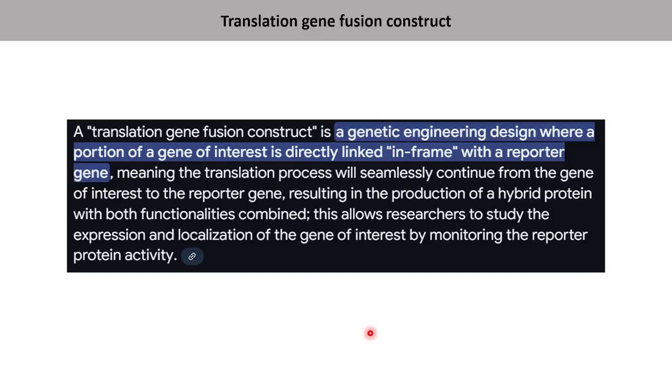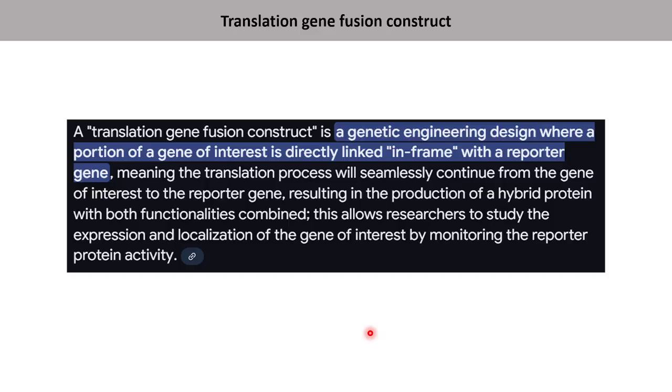So there is a promoter sequence, a start codon, the gene sequence of the gene of interest, the gene sequence of the reporter gene, and then a stop codon. What happens here is that we have linked a gene of interest in frame with the reporter gene. Now when translation happens with this sequence, it will start before the gene of interest and end directly after the reporter gene sequence.